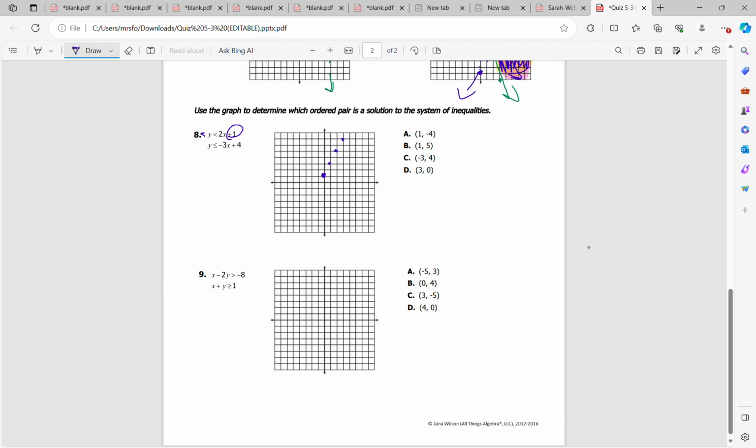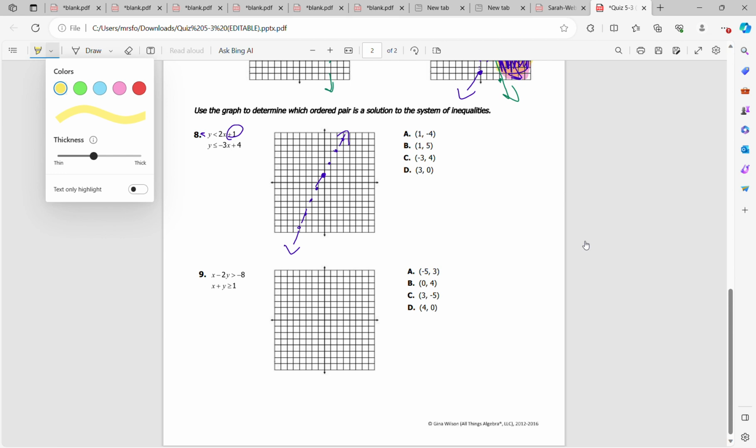Or down 2 and left 1. And this is a dashed line because it's not an or equal to. It doesn't have the line under it. And this is less than, so we shade below. It's below this line.